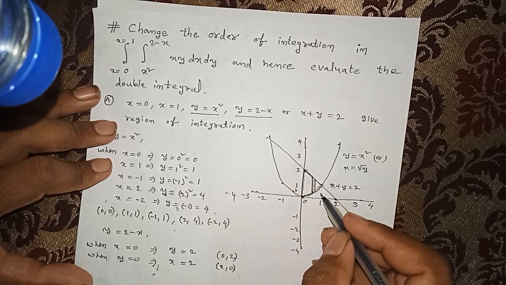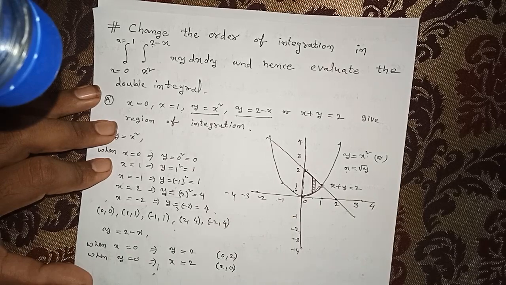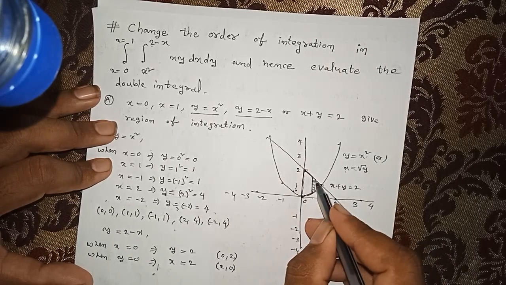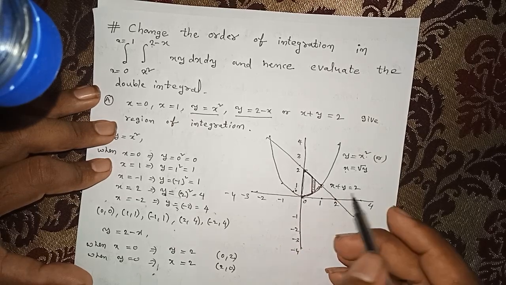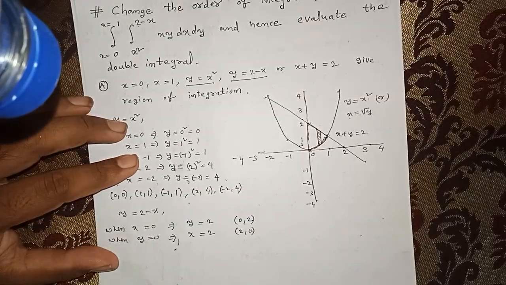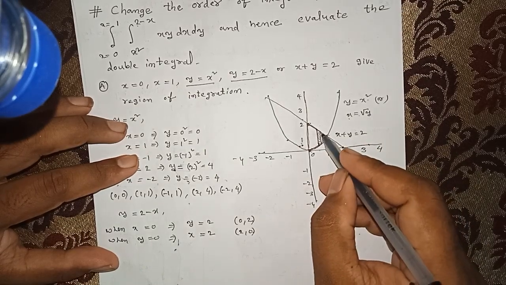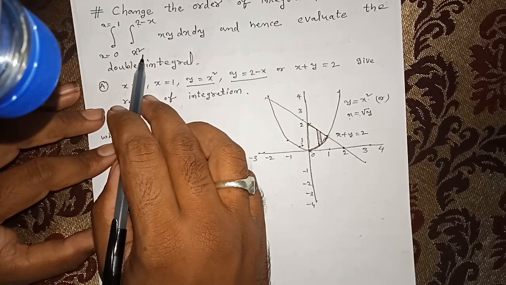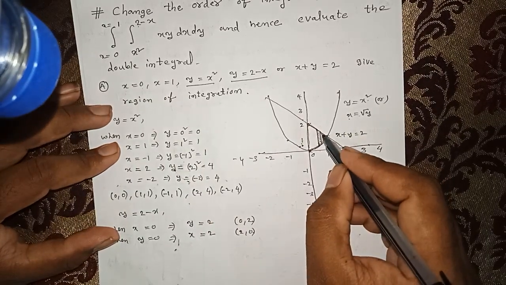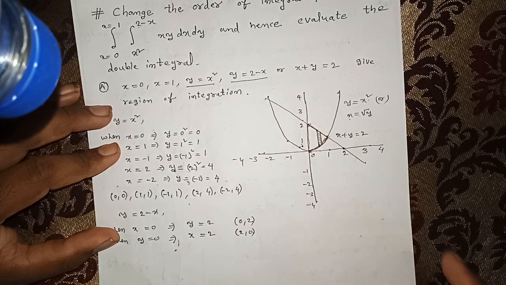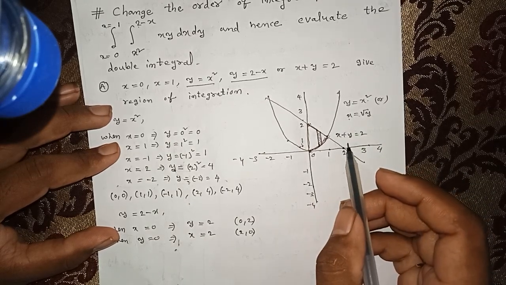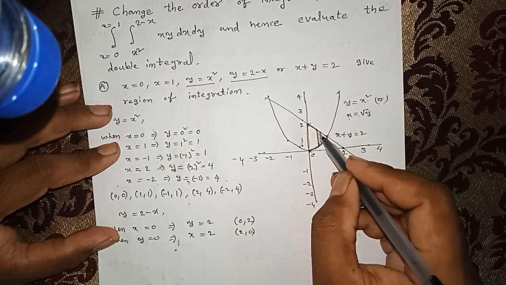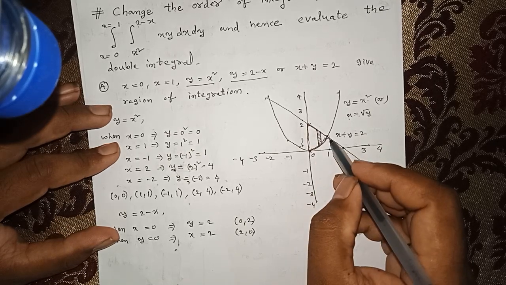This strip is moving from y is equal to x square to the line x plus y equals 2. Therefore, this strip is vertical. As per the given problem, your strip is vertical. To change the order of integration, we have to change this vertical strip into a horizontal strip.